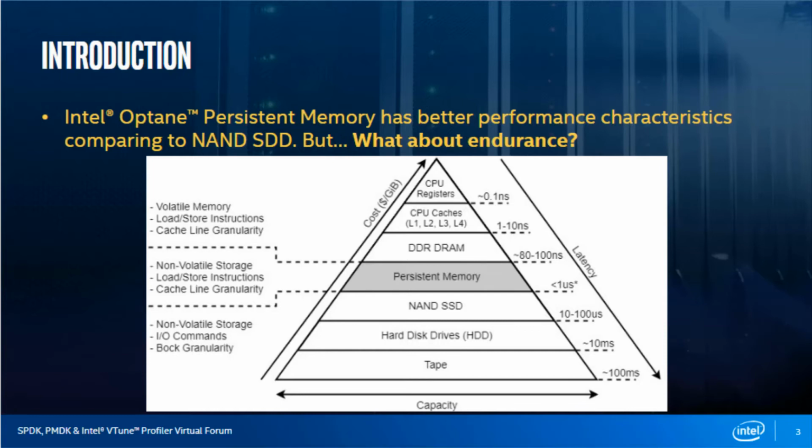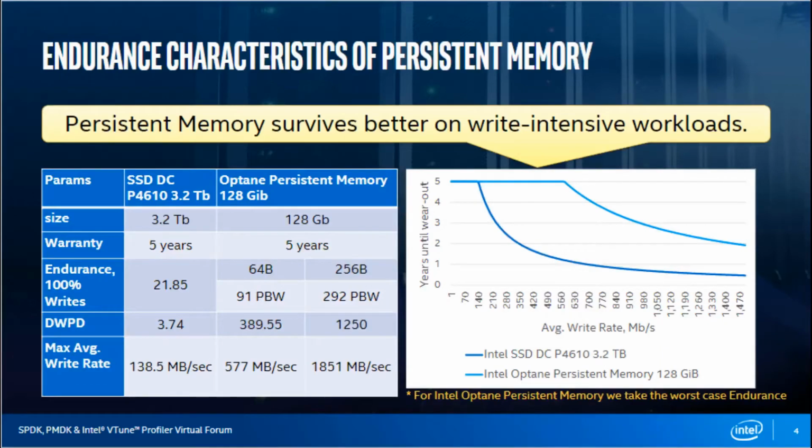On this slide, I just picked some Intel SSD and decided to compare its characteristics with an Optane persistent memory device. So I took a 128 gigabyte DIMM and compared it with an Intel NAND SSD for data centers.